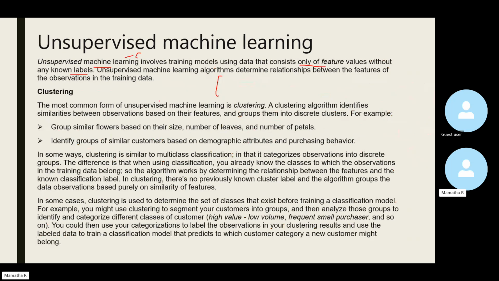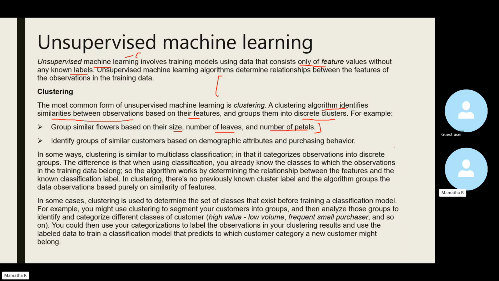When we are doing clustering, whatever algorithm we are using identifies similarities between the observations we have been given based on the features, and groups itself into discrete clusters, meaning individual clusters it will try to create. When we give multiple flowers, based on their size, number of leaves and number of petals, these features are considered and grouped into different groups.